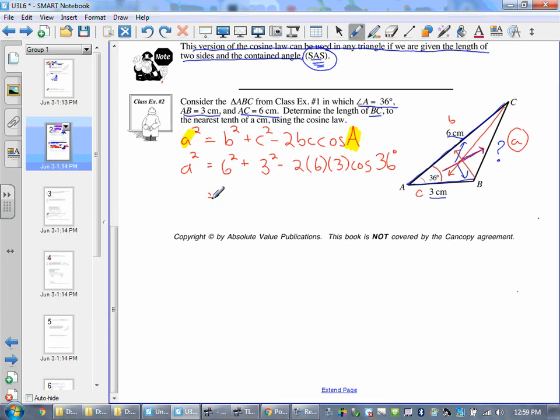Wait, it's 15. Oh, 15, thank you. And now to get A, we are going to square root. Brandon already worked it out for us: 3.98. To the nearest tenth, it's 4.0 centimeters. Perfect. So does that make sense? That's a stretch. Sarah's not so sure.